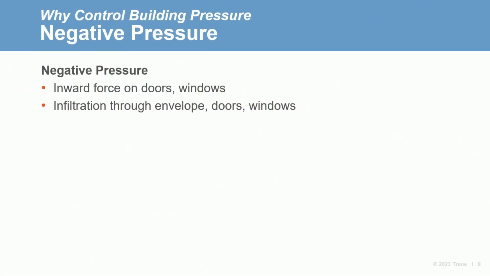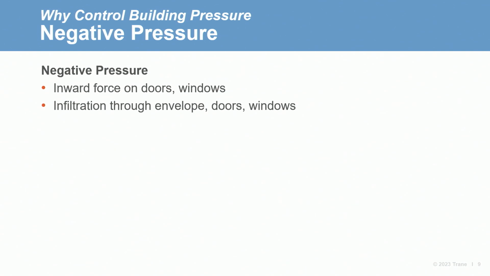On the other hand, if indoor static pressure is less than outdoor static pressure, the building is negatively pressurized. Negative pressure pulls inward on doors and windows, and it can cause infiltration of outdoor air through the envelope into the building. Like before, a little inward force on doors and windows is okay, but too much can be a problem.